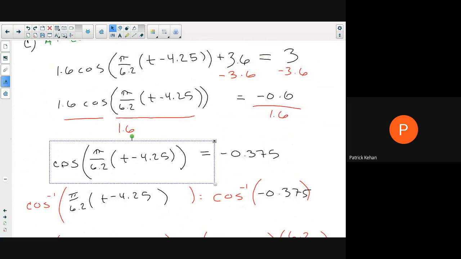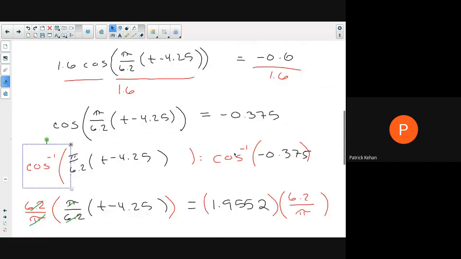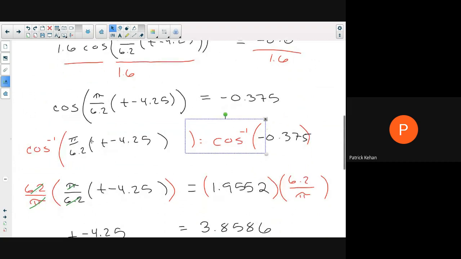So I'm going to use the inverse cosine on both sides of my equation to separate the cosine function from inside the group here. And once I do that, I have this group on the left side, and on the right side, the inverse cosine of negative 3.75 gives me 1.9552.